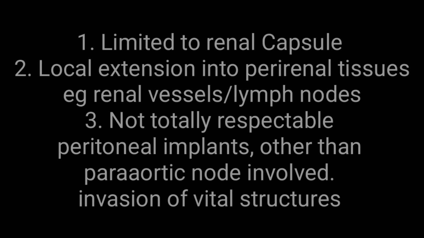For stage 2, there would be local extension beyond the renal capsule into the peritoneal tissues, or there might be renal vessels involved outside the kidneys. There may be some lymph nodes involved, so this would be considered as stage 2. In these two conditions, this would be a totally resectable tumor.